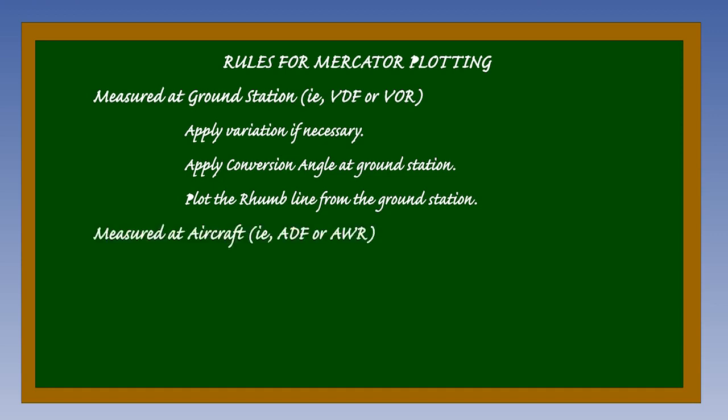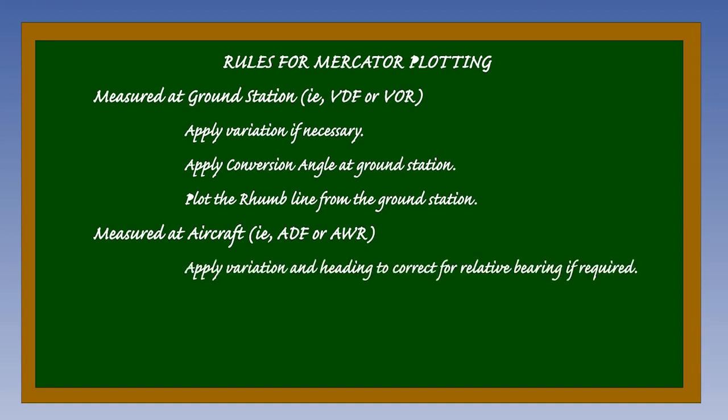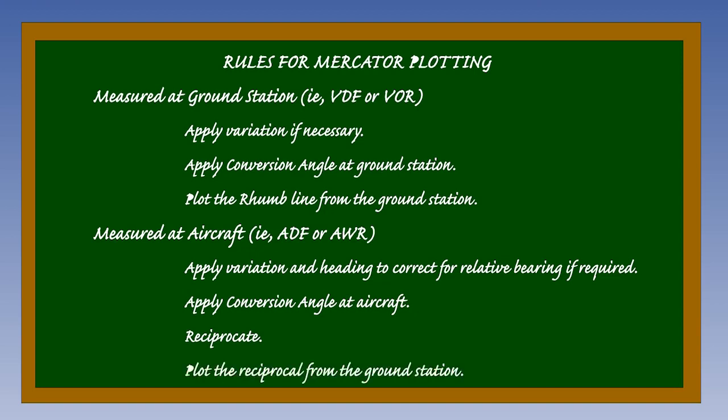For bearings measured at the aircraft, that is ADF or airborne weather radar, apply magnetic variation at the aircraft and heading to correct for relative bearing if required in order to obtain a true bearing from aircraft to ground. Apply the conversion angle at the aircraft end. Reciprocate. Plot the reciprocal from the ground station.